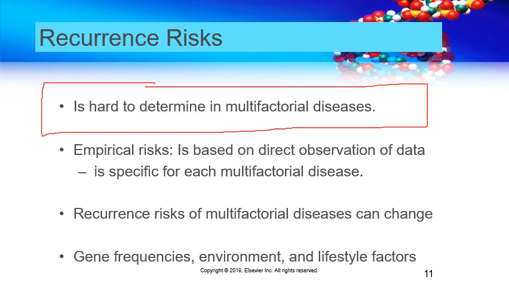So we have what we call an empirical risk, and it's based on direct observation of data, and it can be pretty specific for each multifactorial disease. This recurrence risk can change. And again, we're talking about gene frequencies, environment, and lifestyle factors.